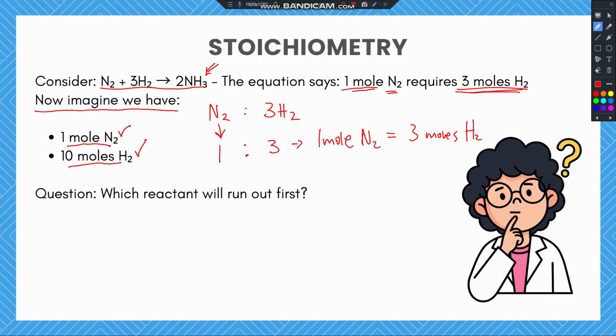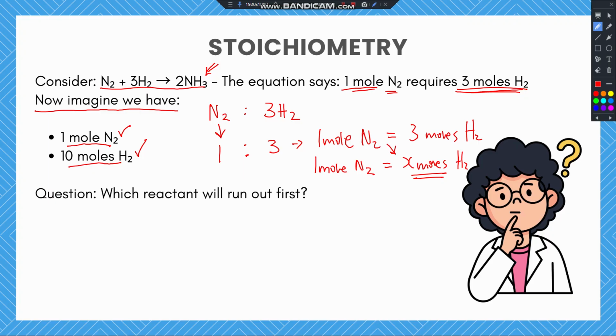Now watch what I'm going to do. Under nitrogen, I would simply say 1 mole of nitrogen N2 will require X moles of hydrogen. I want to find out the number of moles of hydrogen that will be needed and then I compare it to what I have available.